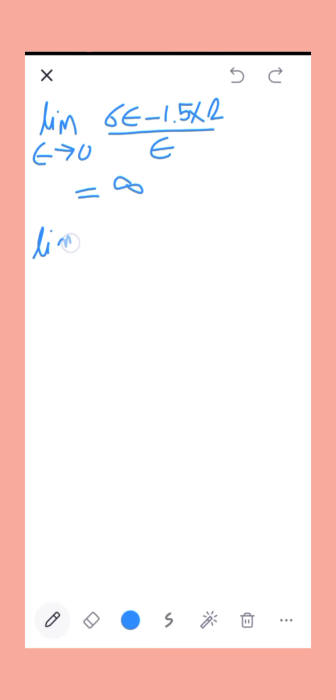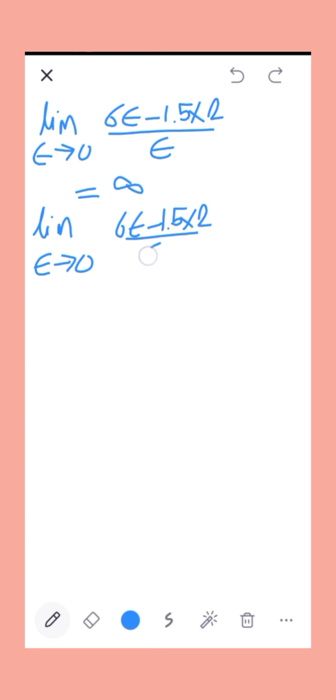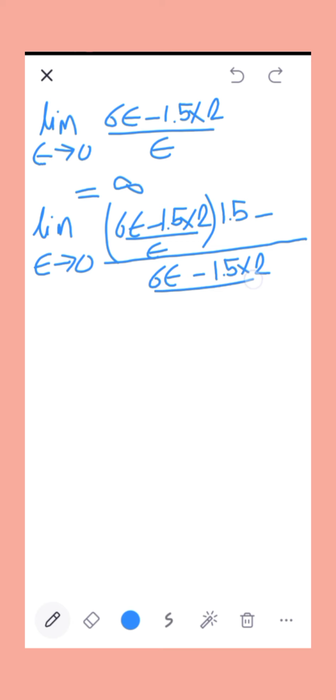Next, limit epsilon tends to 0 of 6 epsilon minus 1.5 into 2 upon epsilon, into 1.5 minus epsilon. Okay, now we have to solve this.